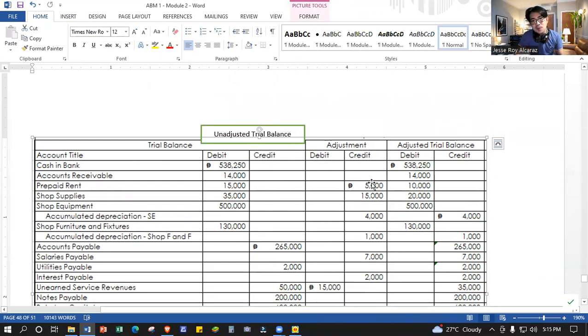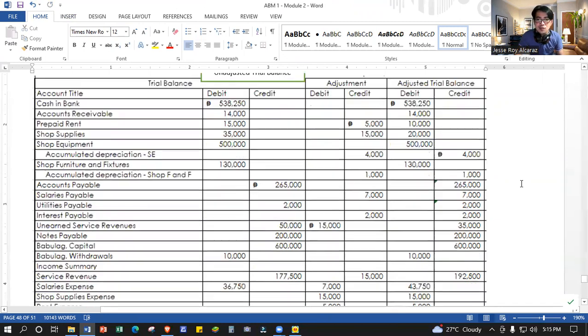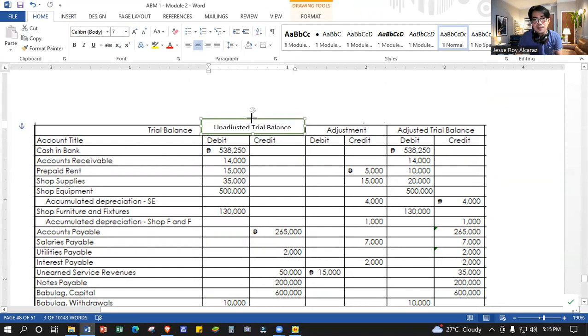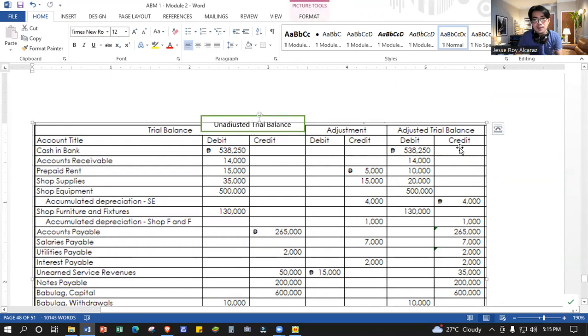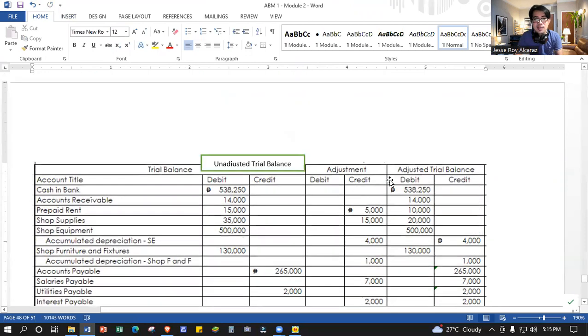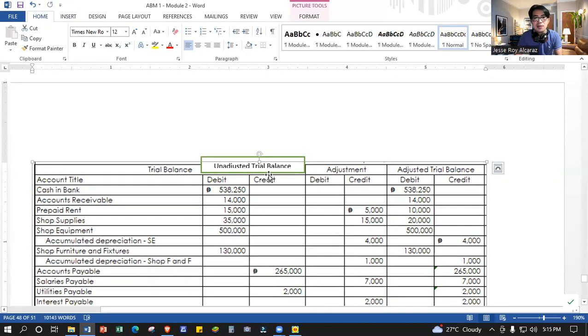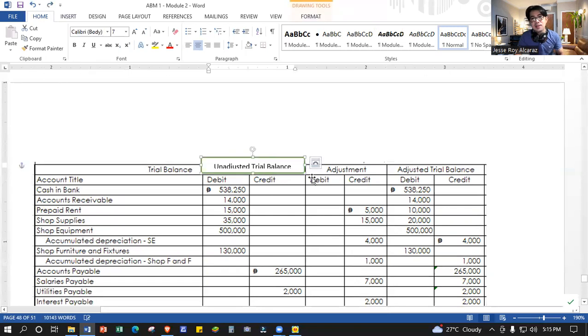We have the adjustments here, and then we have an additional adjusted trial balance. This is just the total of the unadjusted trial balance plus or minus the adjustments.